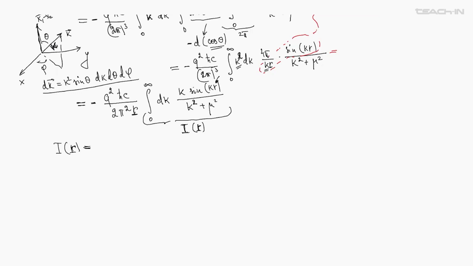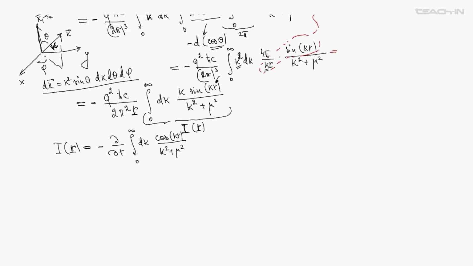So this you can write as minus d over dr, integral from 0 to infinity dk cosine kr divided by k squared plus mu squared. So you see, when you differentiate cosine, k will come out and cosine will turn into sine, and then you get exactly this term here, k sine kr.